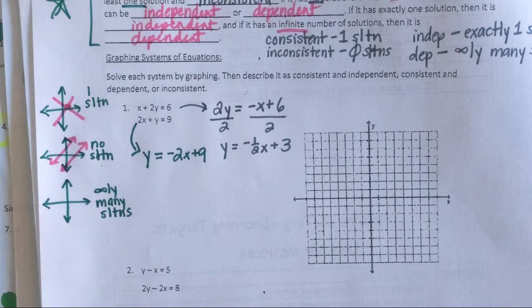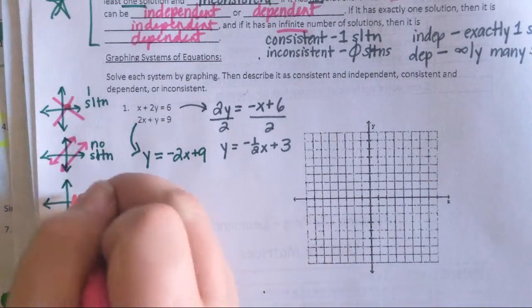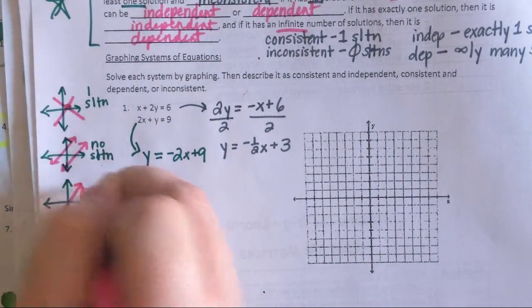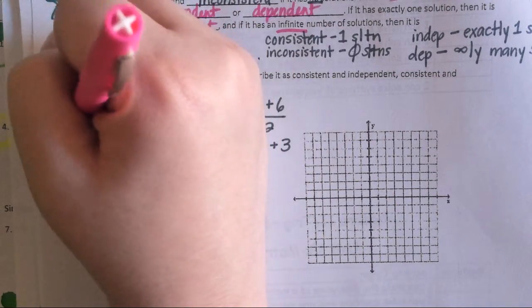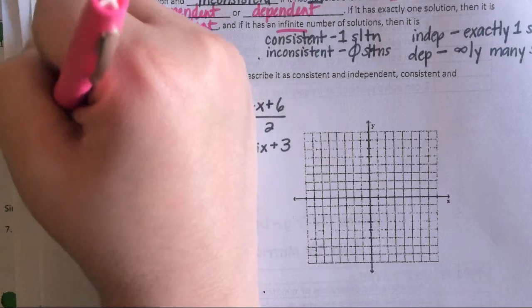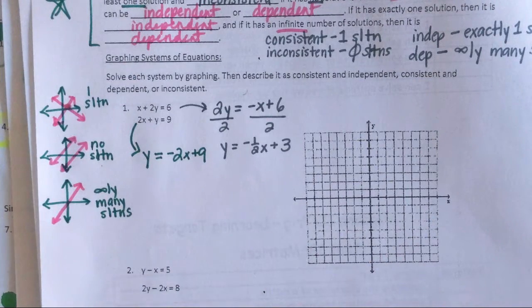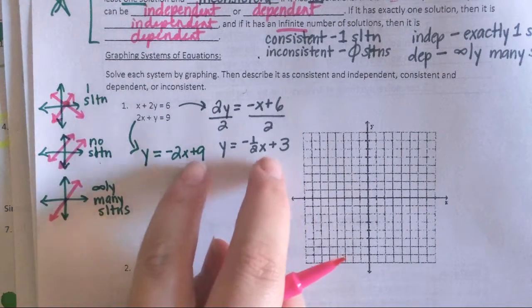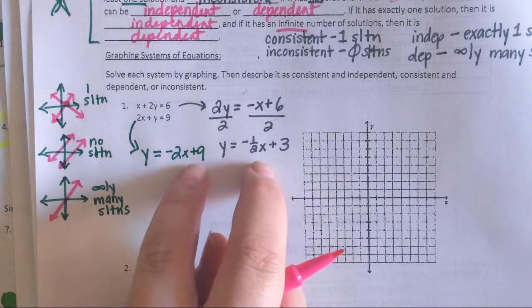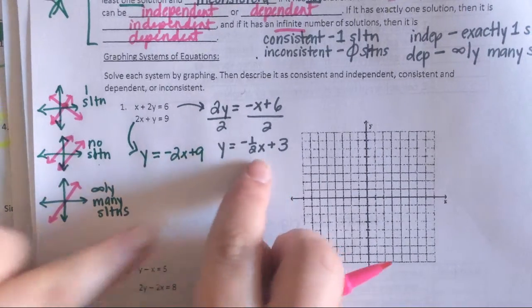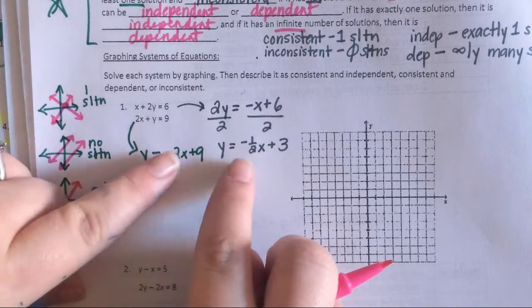They're the exact same line. So this one line is both of them. It's both graphs. So if by some miracle, when we graph, we get the same line and they're living on top of each other because they're the same, it's infinitely many. Okay, I can already tell from our equations that this is not going to be an infinitely many day. They don't have the same intercepts. They don't have the same slopes.